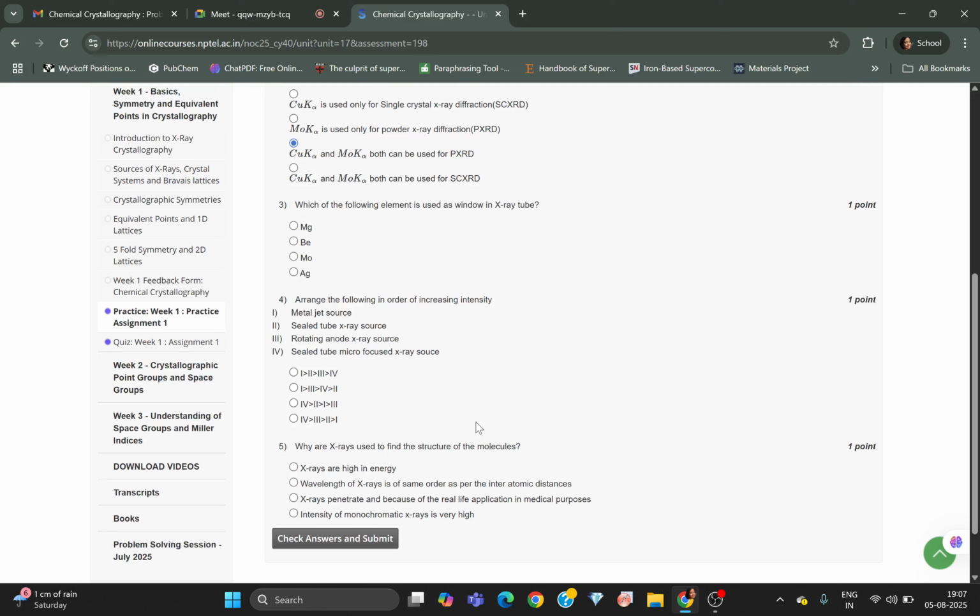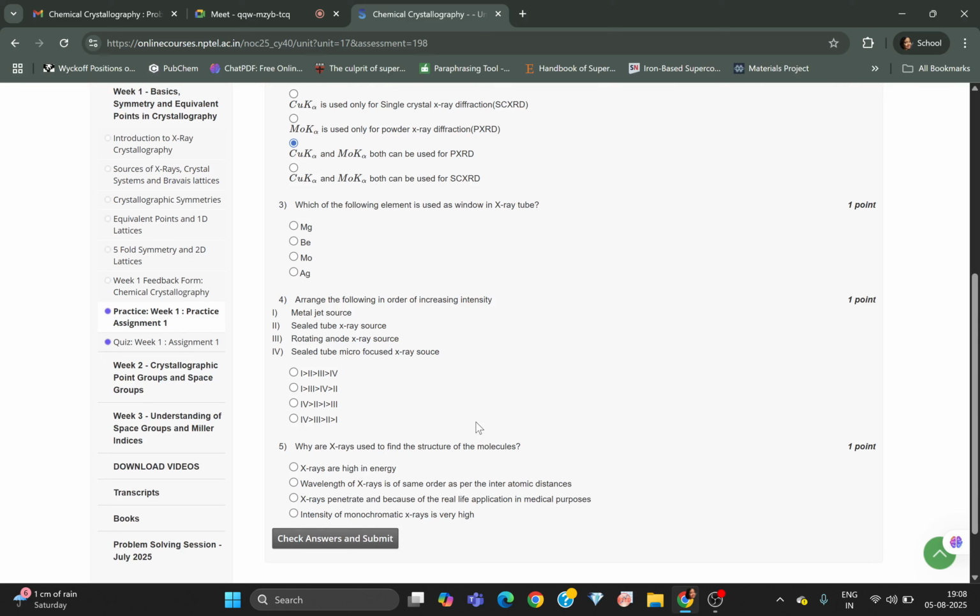Beryllium is also mechanically stable in vacuum conditions, because in an X-ray tube there must be vacuum condition, otherwise electrons will collide with each other, and we don't need that. We need X-rays to generate. We don't need the lowering of the energy. And there are other options in the question as well, like magnesium, molybdenum, silver. These are not suitable to be used as an X-ray window. So the answer is beryllium.